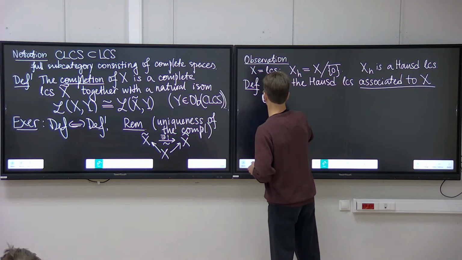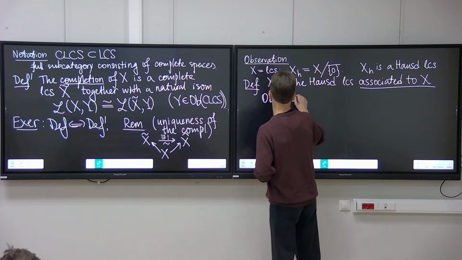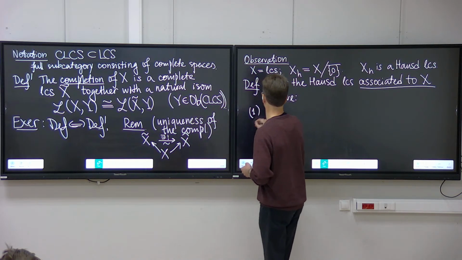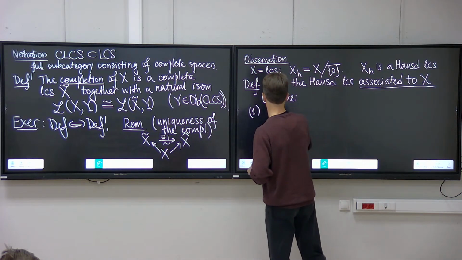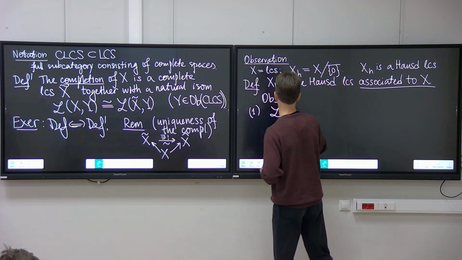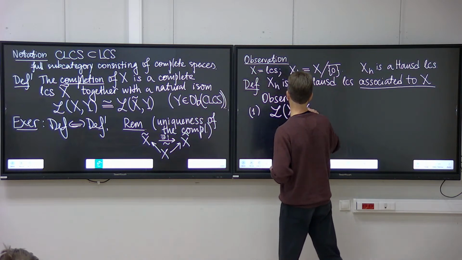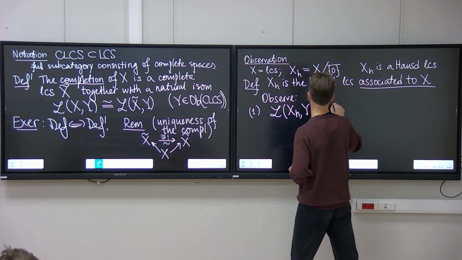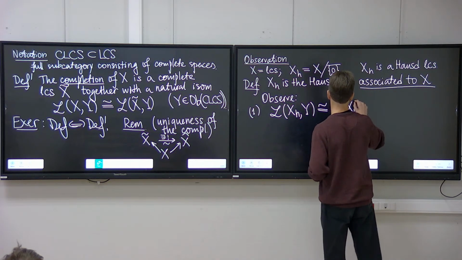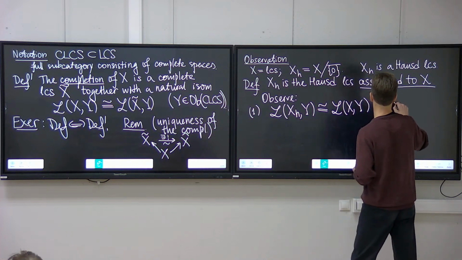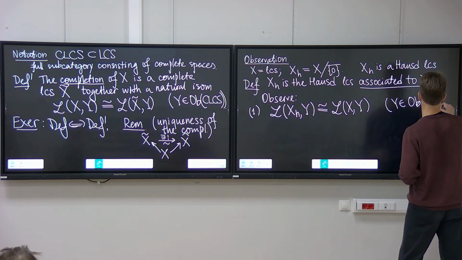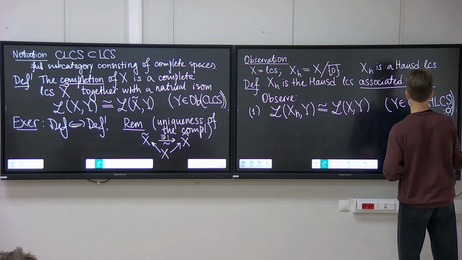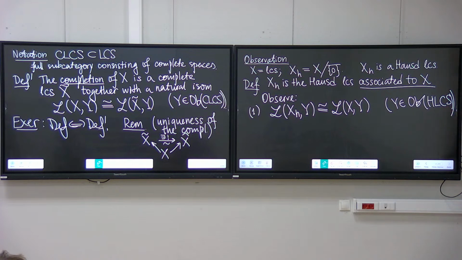Let's now observe the following. First of all, the associated Hausdorff space has the following universal property. For every Hausdorff space Y, we have a one-to-one correspondence between continuous linear maps from X_H to Y and from X to Y, for all Hausdorff locally convex spaces Y. So here, as before, by HLCS, I denote the category of Hausdorff locally convex spaces.